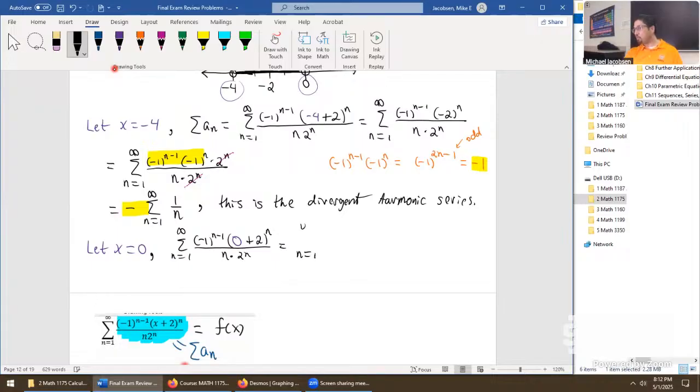So this is a sum from 1 to infinity. It's alternating. We have 2 to the power of n divided by n times 2 to the power of n. So no trickery here with the exponents. That part's just gone. One more step just for the sake of clarity.